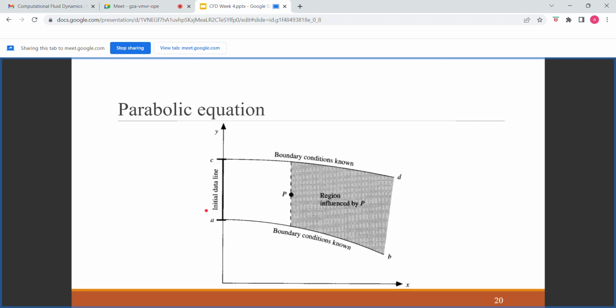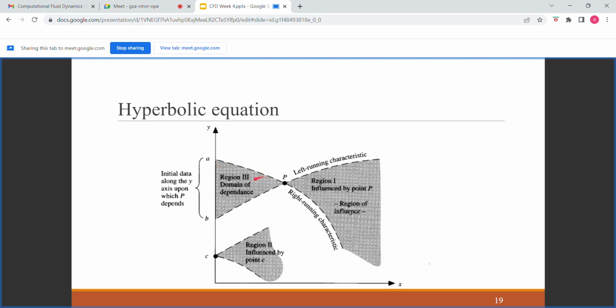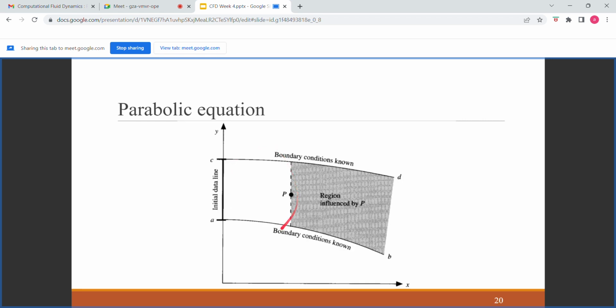So moving on, this is the parabolic equation. This is known as the region of dependence and this is the region influenced by P. So basically this is the initial data line, and boundary conditions are known in all this domain. Whereas previously only a few data were determined, that is not the case here. All this region influences all these region values.